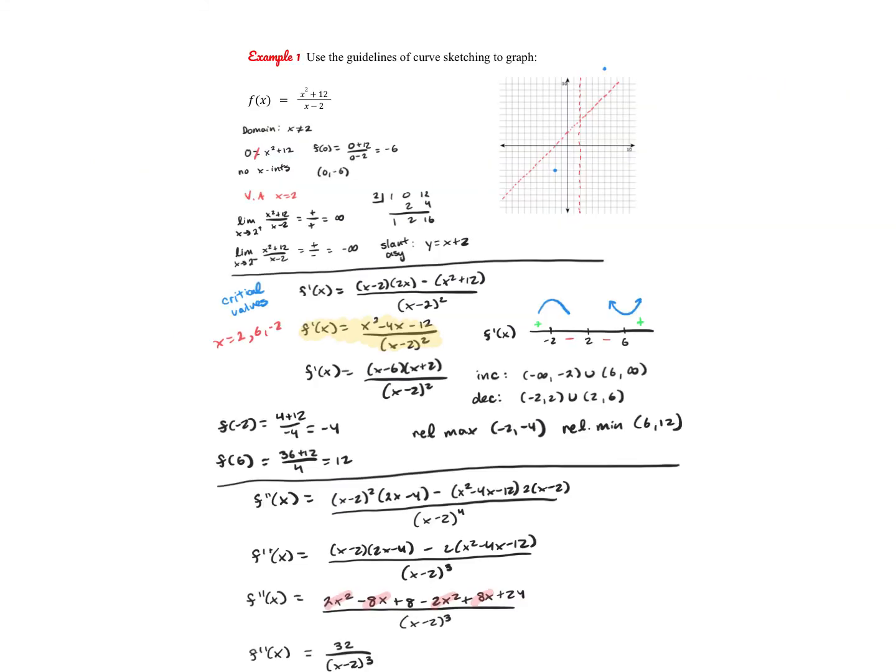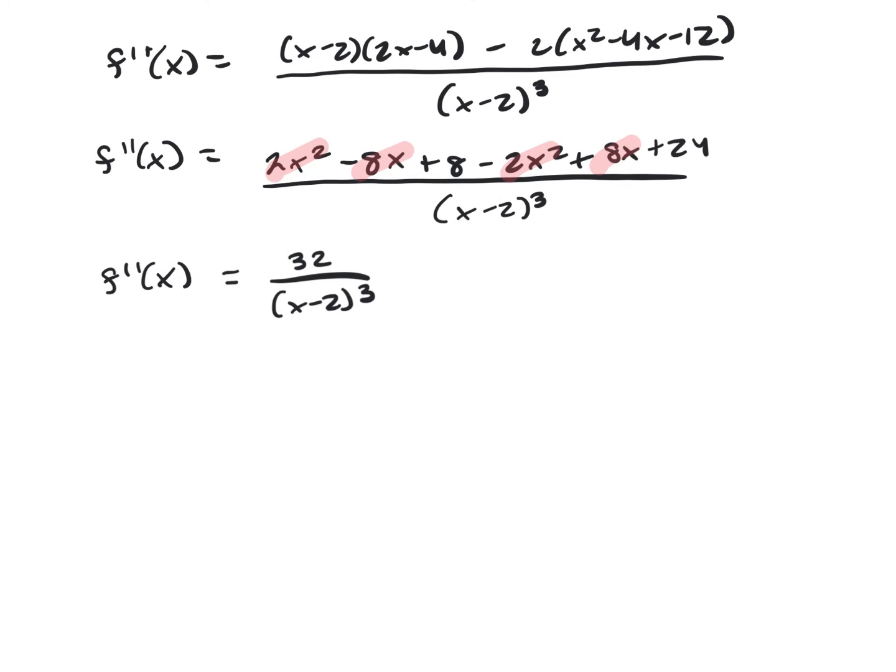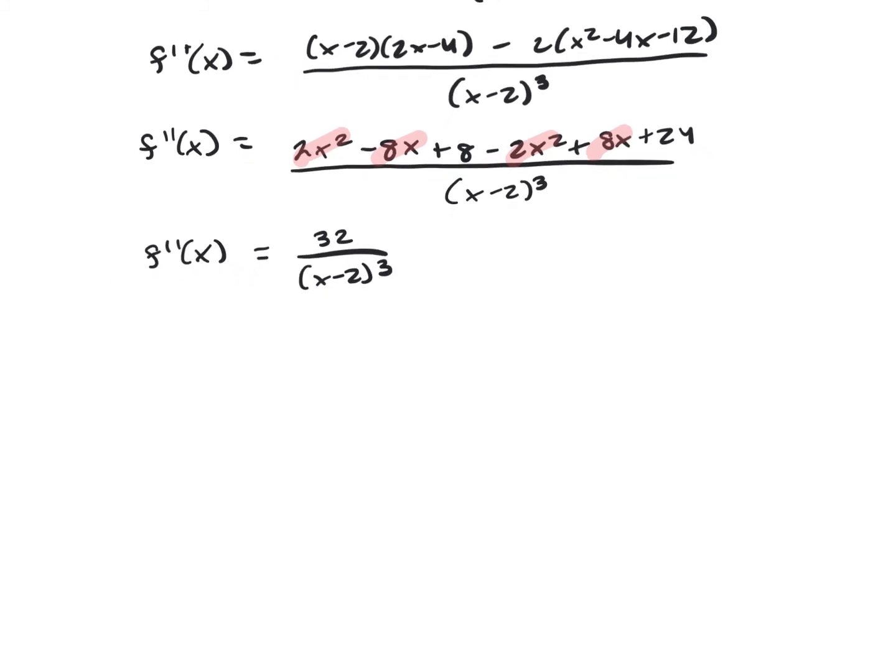Now, to help us determine intervals of concavity, we're going to want to know the critical values for this second derivative. So it's either when our second derivative is equal to 0 or undefined. So it's never going to be equal to 0, but it is undefined at x equals 2. So we'll do a little sign analysis of our second derivative at x equals 2, again, because that's when our second derivative is undefined.